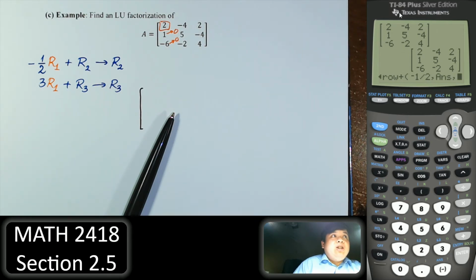So that's why when we enter this, hit enter, so that we store it into the answer. Multiply to row 1, add and replace to row 2. Alright, so that 0 is good. Now we multiply by 3.